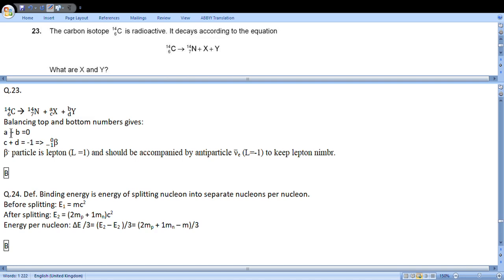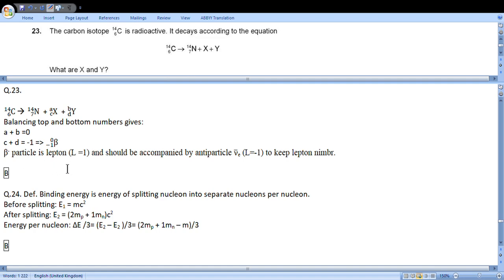So top and bottom values should be balanced. From this we conclude that A and B are 0, because nucleon number can be 0 or 1 or other integer numbers. C plus D equals minus 1. So one of these values is minus 1. It is a beta particle.